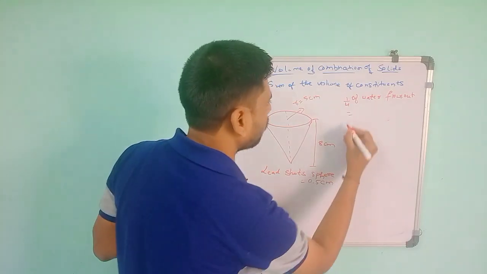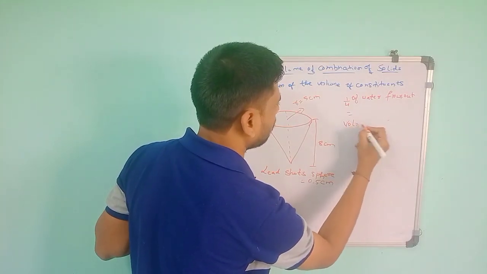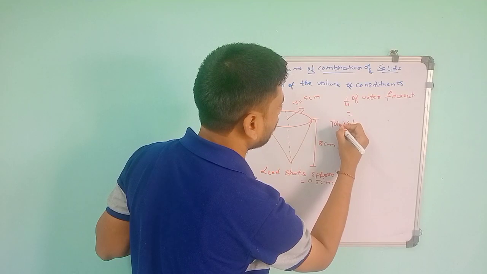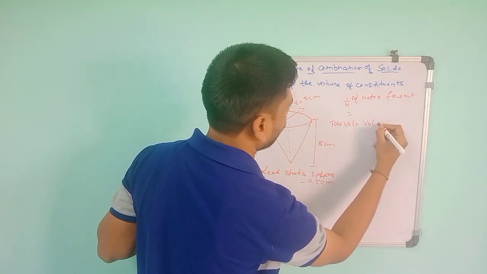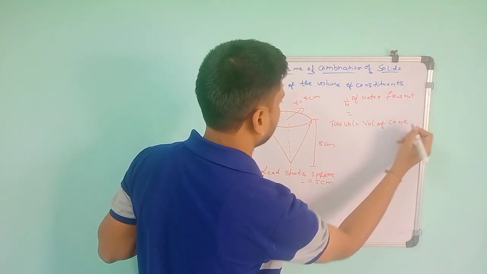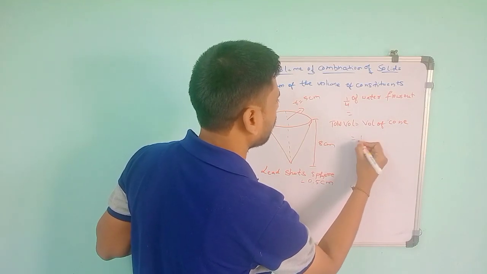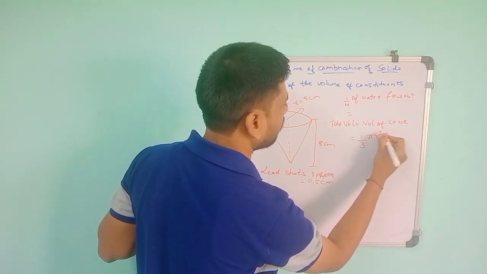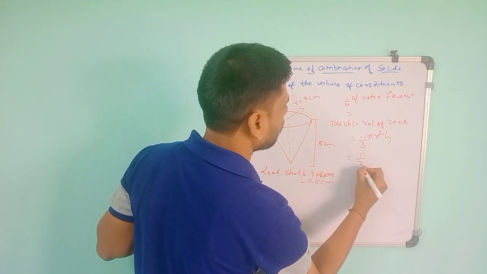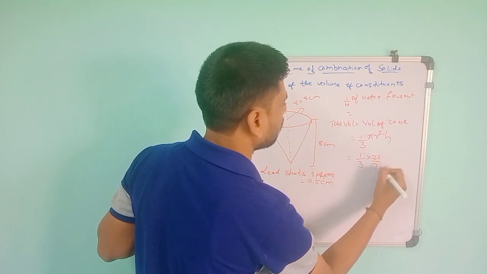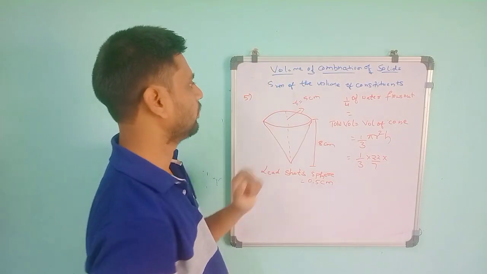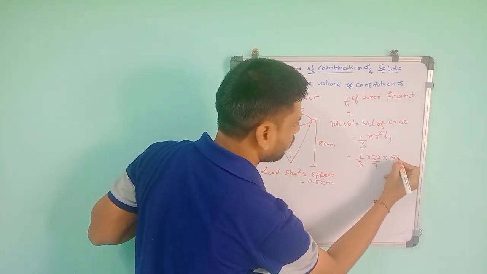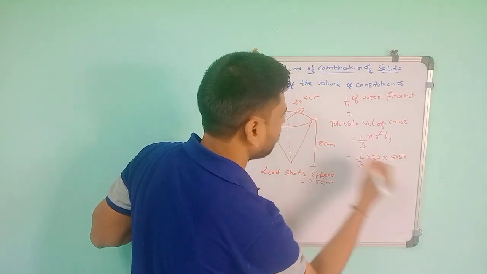So first you have to find the volume. Total volume is equal to the volume of the cone, which is 1 by 3 pi r square h. So 1 by 3, 22 by 7, r is given as 5 cm, so 5 into 5 into h is 8.